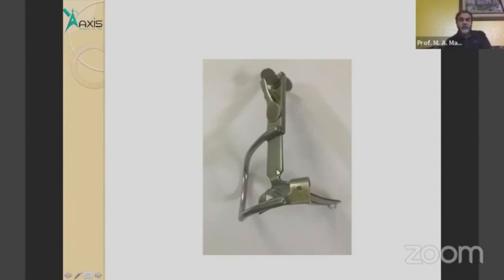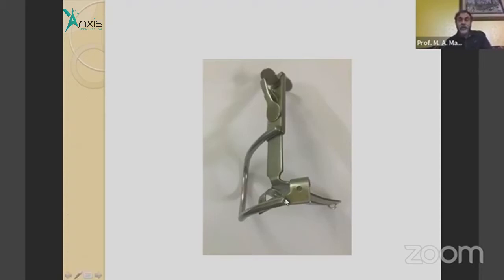These are the different parts: the tongue blades, and this part which has a jaw retractor to retract the upper jaw. The tongue blade pushes the tongue downward to open the mouth, and it fixes with the lower jaw.